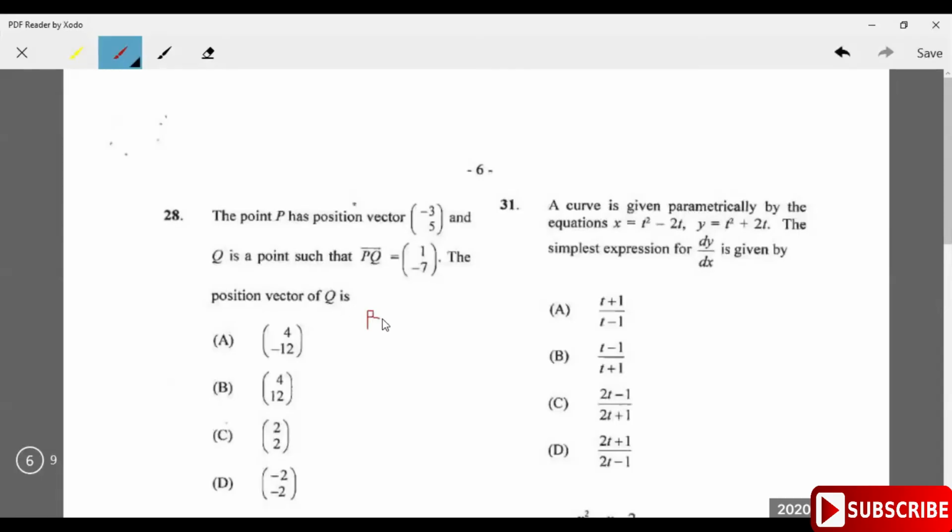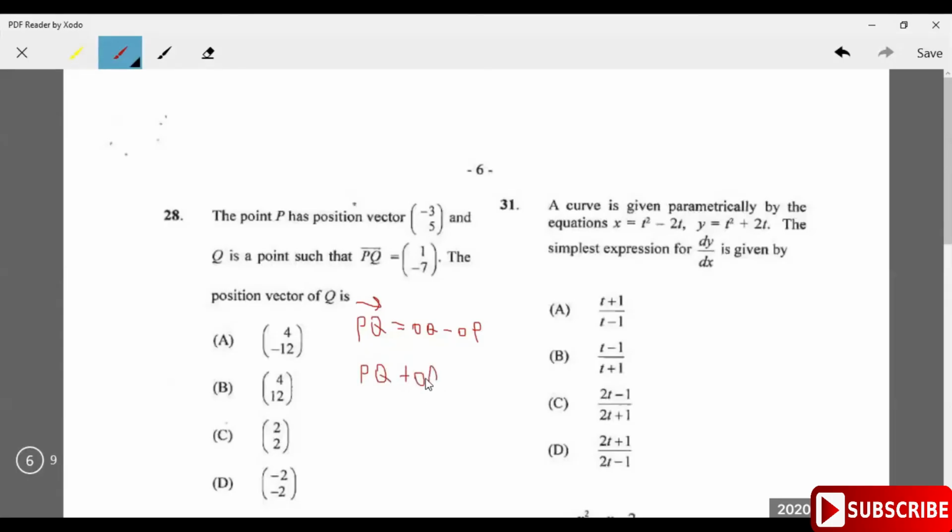Now, first and foremost, let's write it down. PQ is equal to OQ minus OP. And so to get OQ, which is the point Q, it's going to be equal to PQ plus OP.